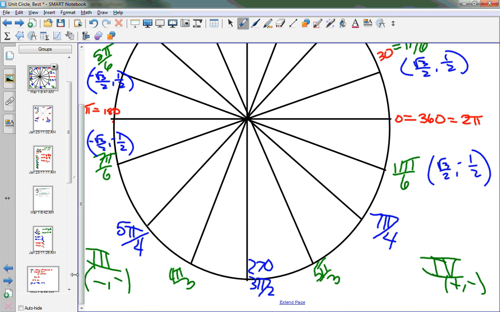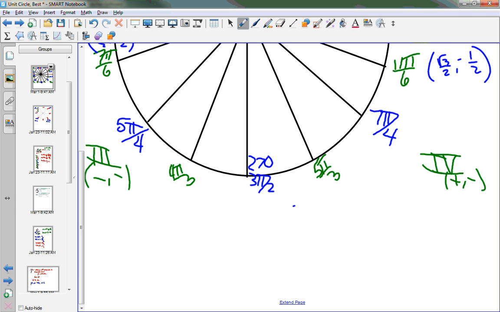I come down here to quadrant 3. What's this one going to be? Negative 1/2, negative square root of 3 over 2. I come over here to quadrant 4. What's this one going to be? 1/2, negative square root of 3 over 2. Do you see how we ended up with the unit circle?